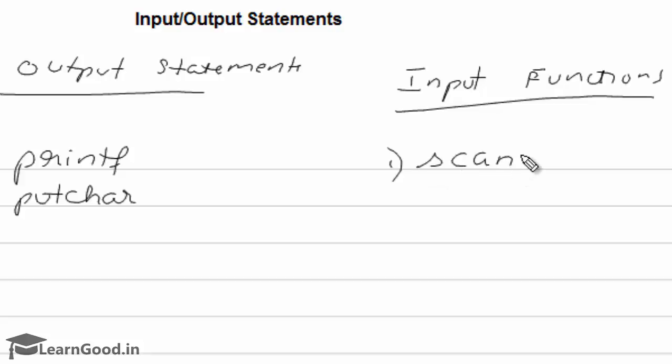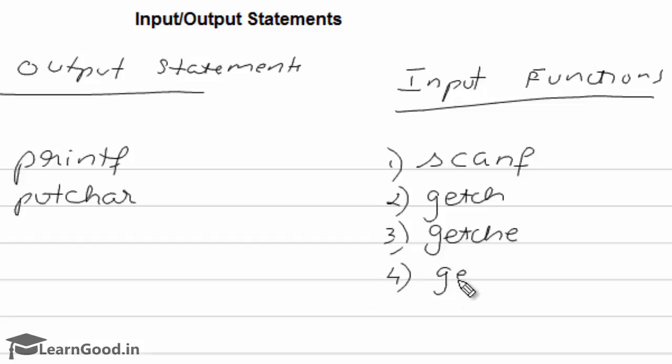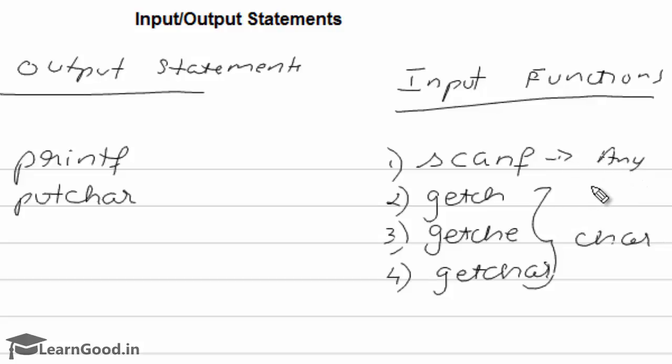The regularly used function for reading data from the keyboard is scanf, and second you have getch, if you want to read a single character. getche is another function meant for reading a single character, and one more is getchar. These three functions are meant to read only one single character from the keyboard, whereas scanf can be used for reading any data type from the keyboard.